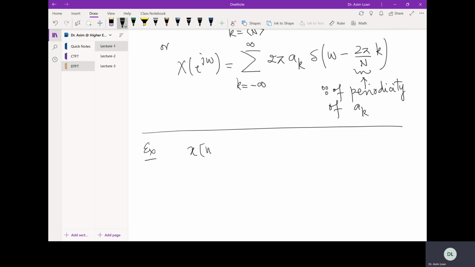x of n is cosine of omega naught n, where say omega naught is 2 pi by 5.